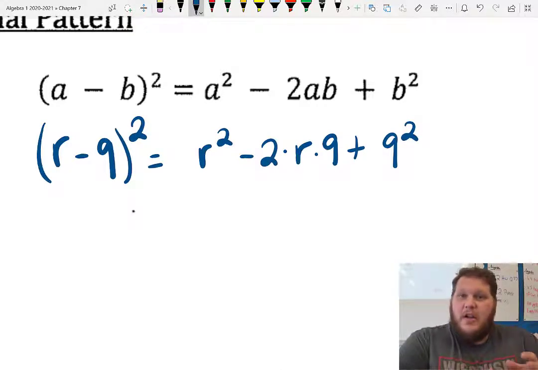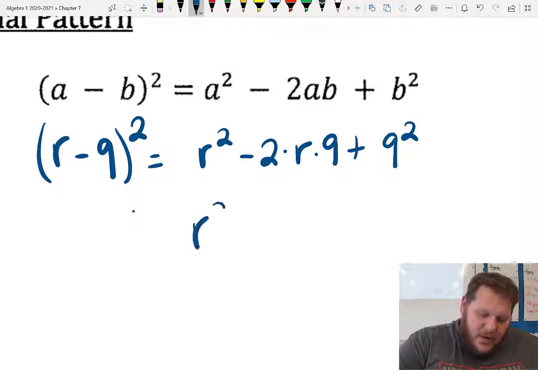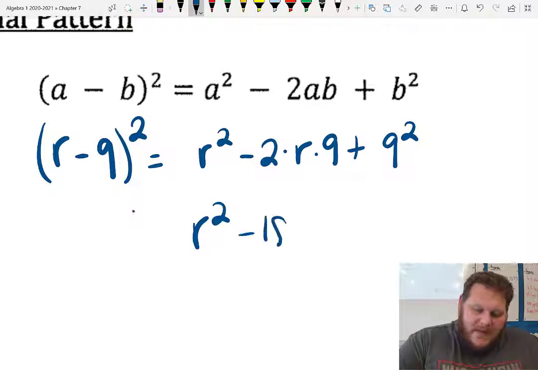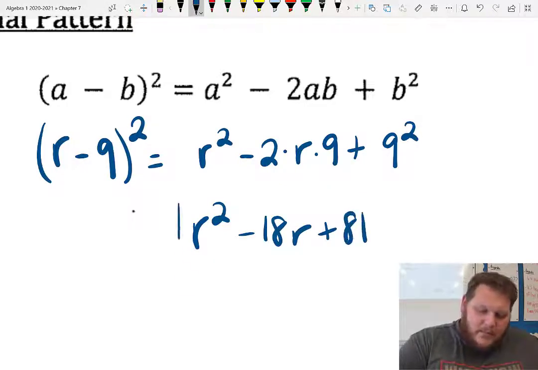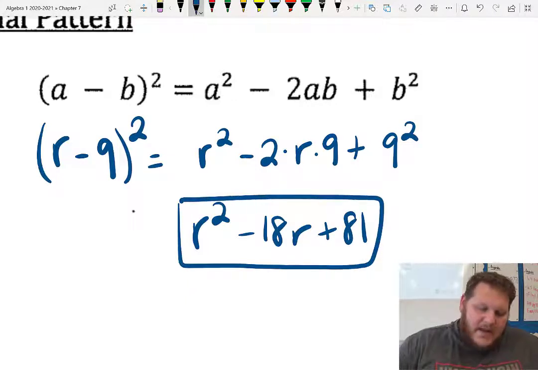So I'm just replacing all of my a's with my first term, all of my b's with my second term. And now I just simplify. So r squared stays as r squared. Negative 2 times 9 is a negative 18r. And then 9 squared is 81. So that would be r minus 9 squared.